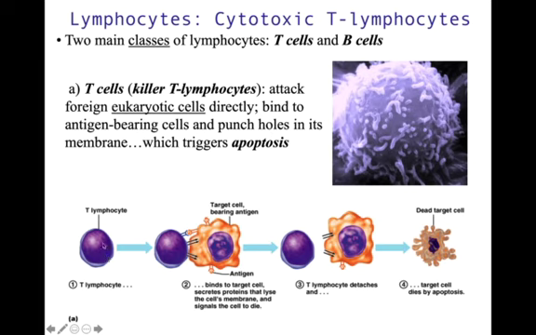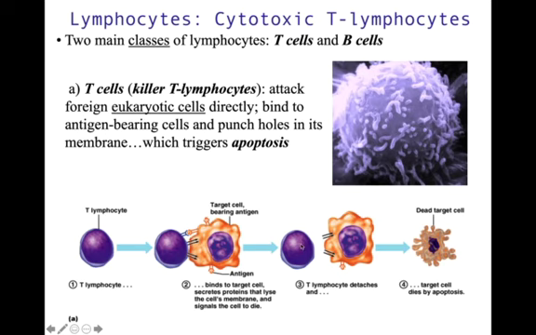So here's a T cell. Again, it's not activated yet, and what happens? It recognizes these antigens expressed on the surface of this pathogen. So we see that interaction occurring where that T cell recognizes the antigen right there. It then punches holes in the plasma membrane of this eukaryotic cell.